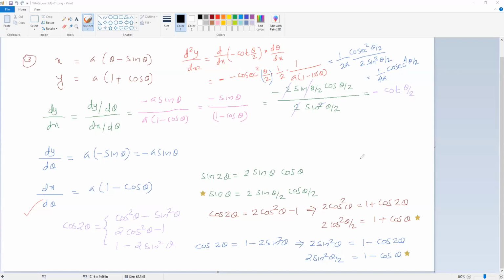Understood? That is why yesterday when I found the first derivative, I simplified minus sin theta by 1 minus cos theta and wrote it as a single term. It is beneficial when you find the second derivative.